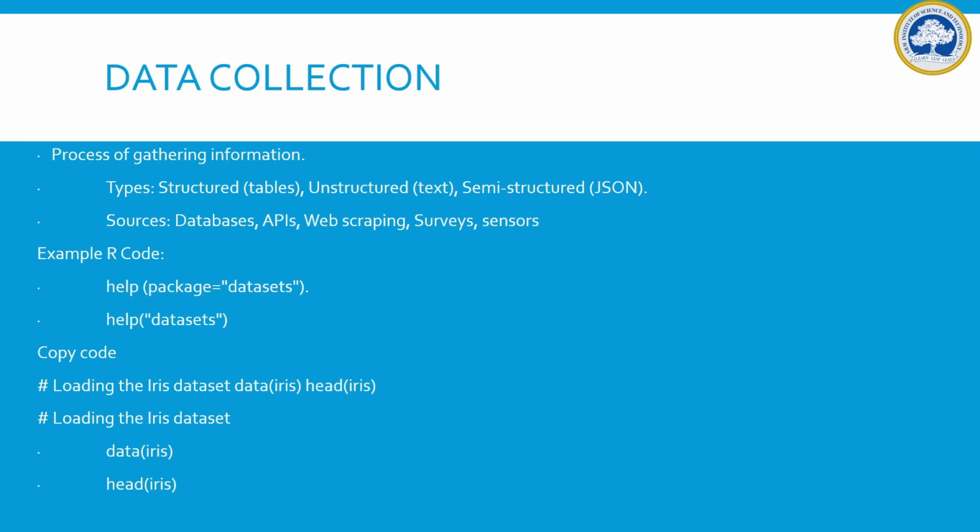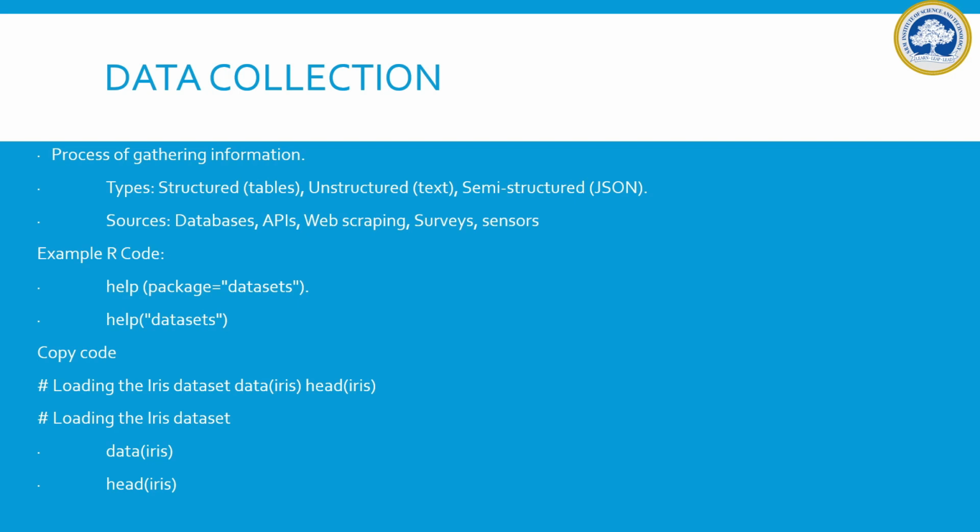This command in the R environment will list all the datasets available in the R package which you can use for analysis. We are going to explore the standard classical dataset called the iris flower dataset in this video.